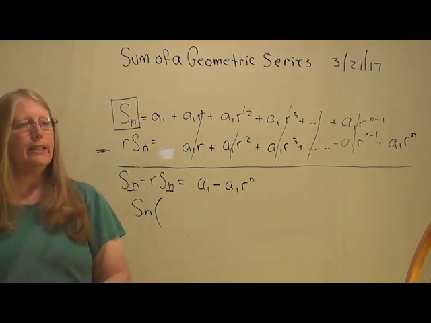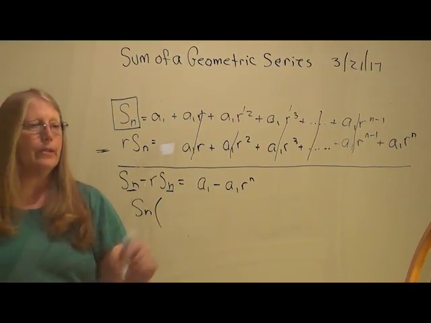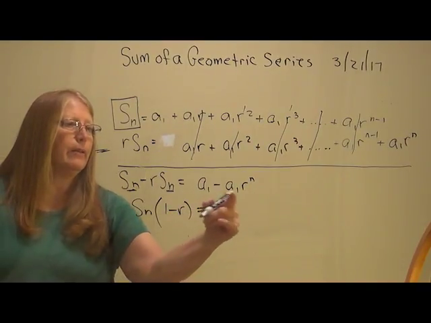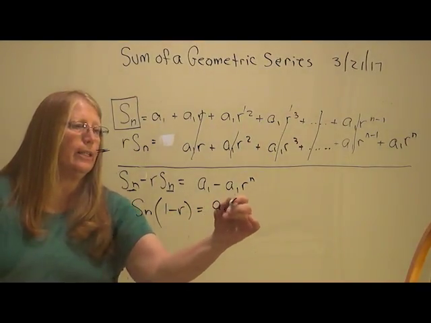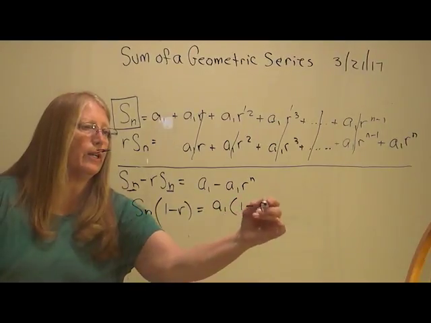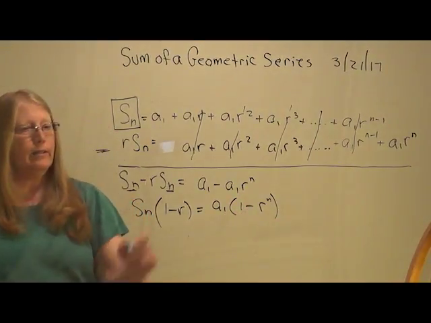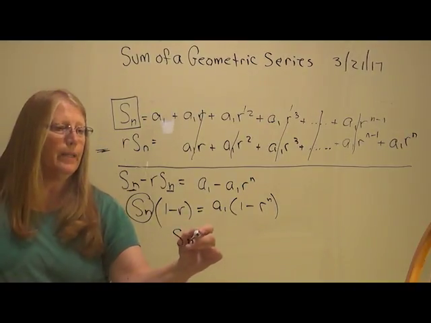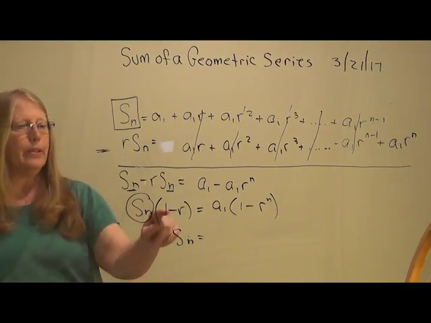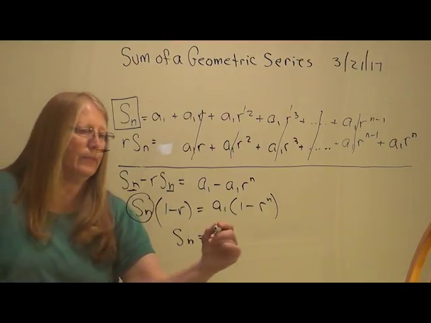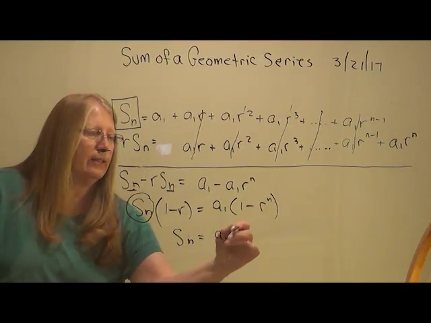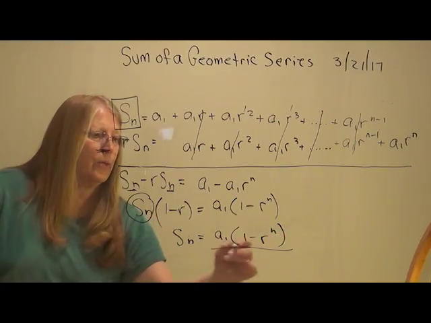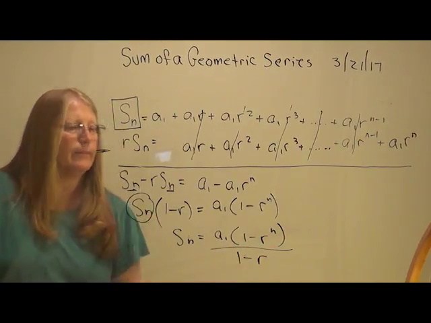So if I take an s sub n out of these two terms, I get 1 minus r. And over here I'm going to factor out an a sub 1, and I'll get a 1 minus r to the n. And now since I'm solving for this, I get the final step where I divide both sides by 1 minus r. A sub 1 times 1 minus r to the n over 1 minus r.